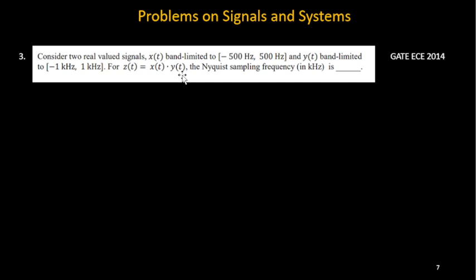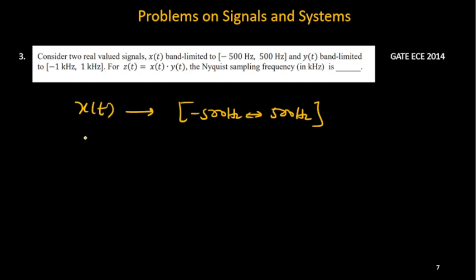It is very simple. I have already discussed these things. x(t) is limited from minus 500 Hz to 500 Hz, and y(t) is from minus 1 kHz to 1 kHz.